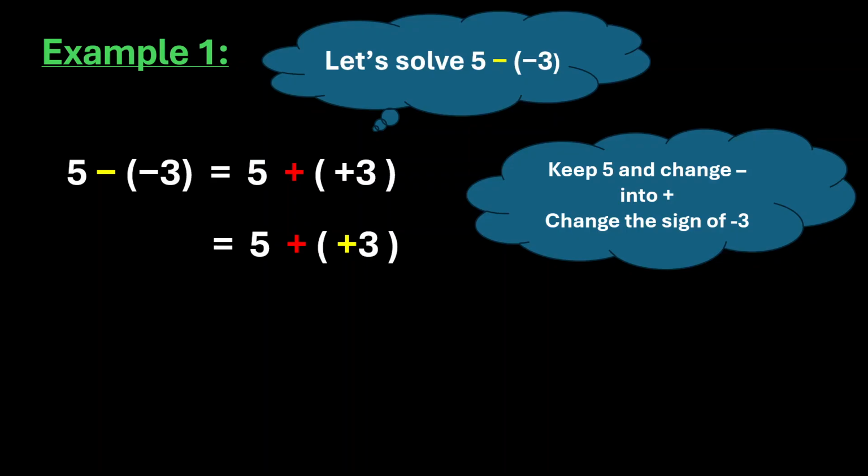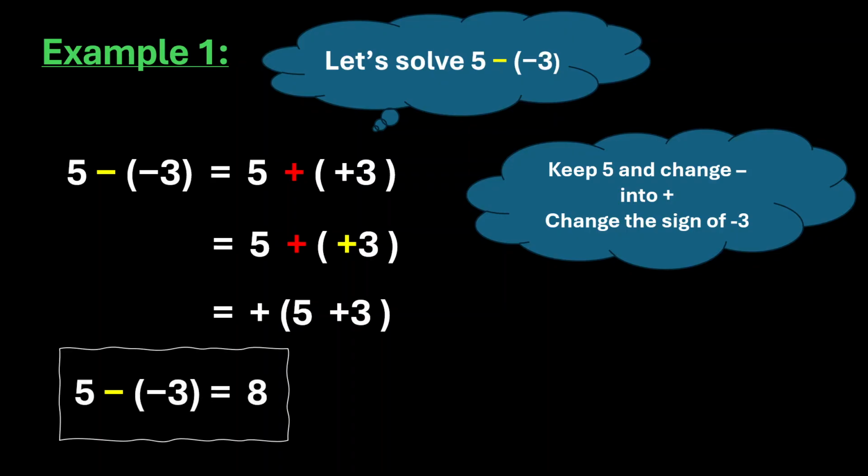We change the subtraction to addition, and we use the rules of addition that we have in a certain video. So 5 plus 3: the two numbers have the sign plus. We add the absolute values of the two numbers, 5 plus 3, which means the result is 8. So 5 minus minus 3 equals 8.